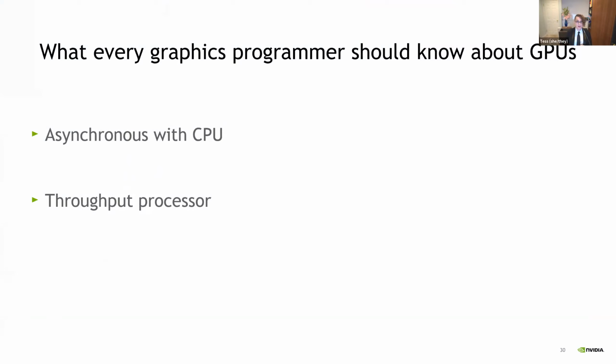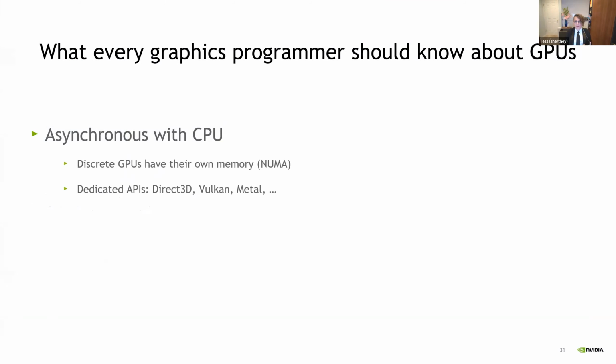is going to have consequences for how we have to build rendering software. So if we look at the first one, the GPU is going to run asynchronously from the CPU in a computer. And also, if it is a desktop computer with a discrete GPU, that GPU is also likely to have its own memory. It's a non-unified memory architecture. And furthermore, we typically have to talk to GPU graphics systems through dedicated APIs, things like Direct3D and Vulkan and Metal.